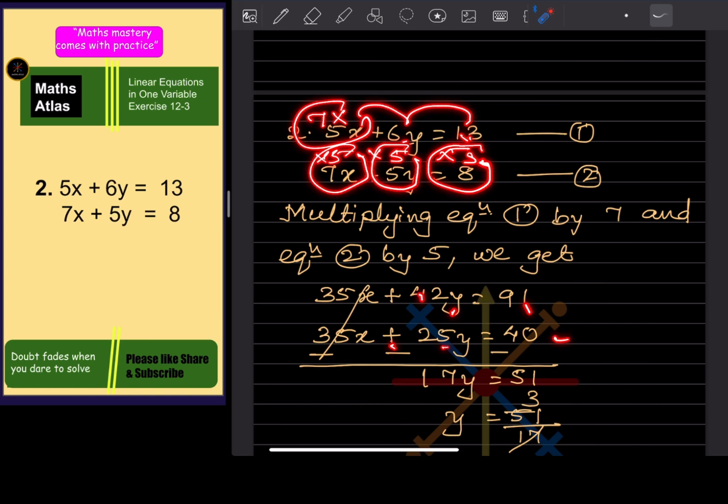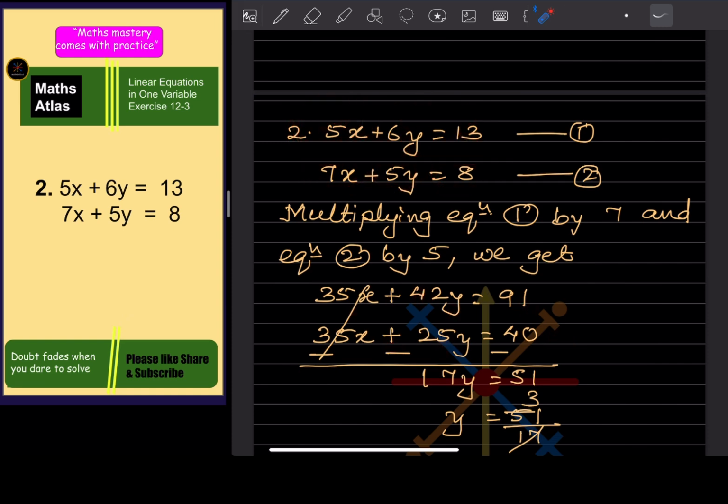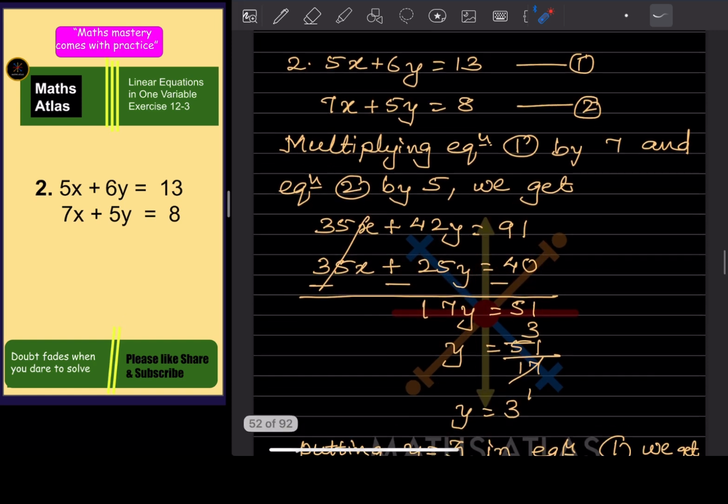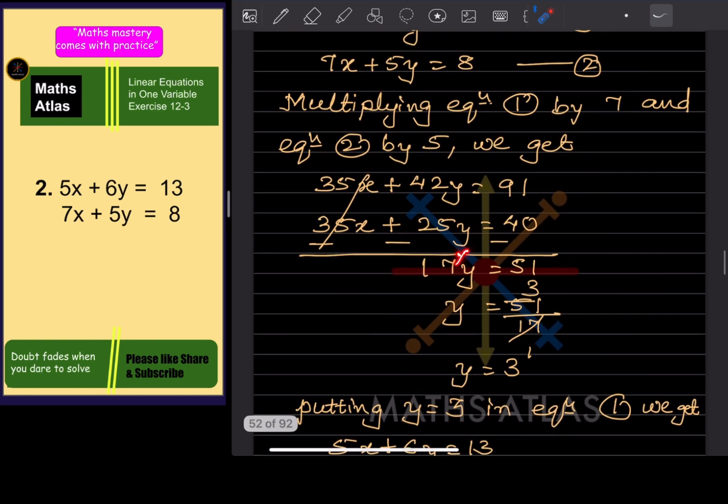The same thing is written here. Now the signs are the same, so we change them, and plus and minus get cancelled out. Then 42 minus 25 is 17y, and 91 minus 40 is 51. So y is 51 divided by 17, which is y equal to 3.